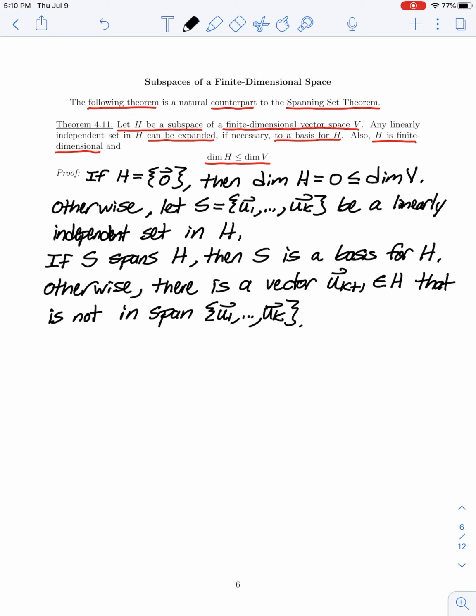So if that set S does not span the subspace H, that means there exists some vector in H which is not within that span.